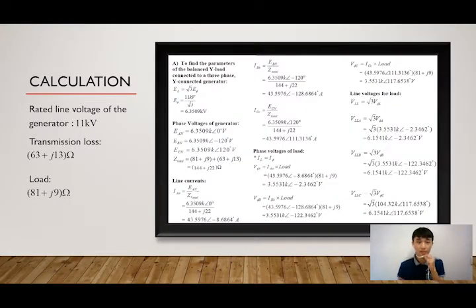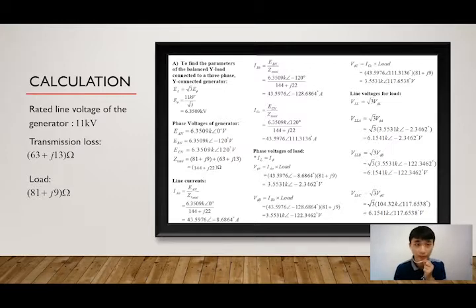So here is my calculation. My rated line voltage of the generator is 11 kV, my transmission loss is 63 plus j13 ohm, and my load is 81 plus j9 ohm. I will divide my calculation into two parts. First is to find the parameters of the balanced Y load connected to the three-phase system.